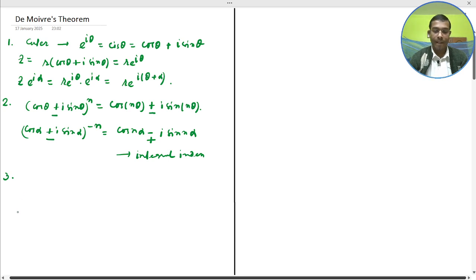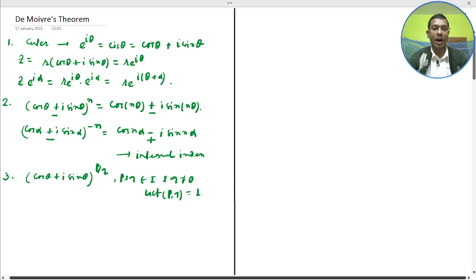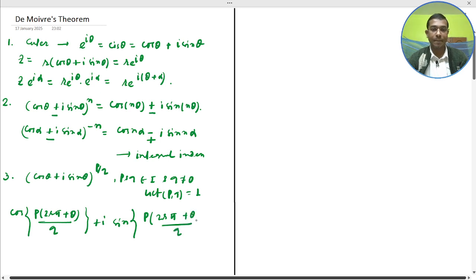So (cos theta plus i sin theta) to the power p by q, where p and q belong to integers and q not equal to 0, and the HCF of p and q is equal to 1, is given by cos (p (2r pi plus theta) divided by q) plus i sin (p (2r pi plus theta) divided by q).